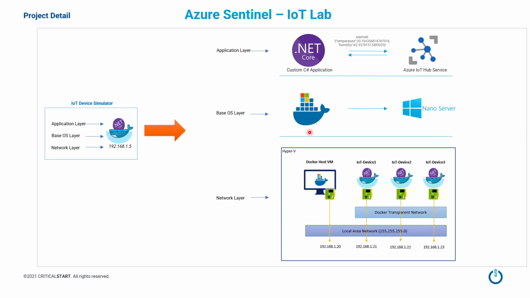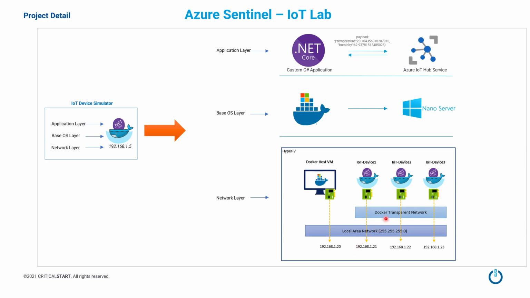And then the last layer here is basically what brings everything together, which is the network layer for these simulated IoT devices. So for each of these IoT devices, it actually needs to communicate to the internet, to the Azure IoT service, and each of these simulated IoT devices actually needed IP addresses that are available on the local area network in order to do that.